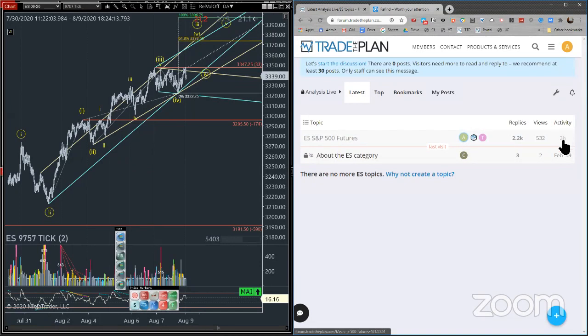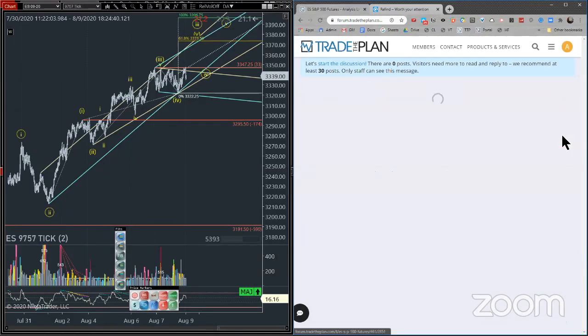If I click right here, where it says activity, that will take me all the way to the bottom instantly. If I click on it here, it'll take me to the last chart that I looked at, the last post that I looked at. But if I click here, it'll take me all the way to the bottom.